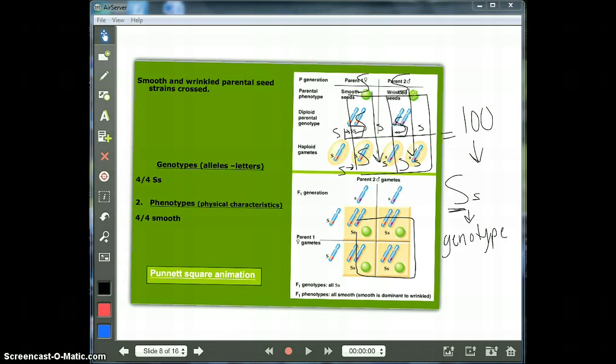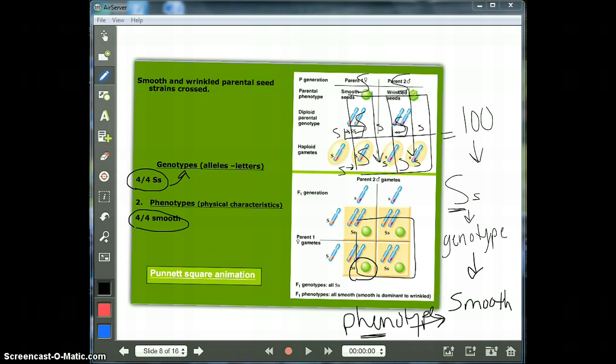Notice that the big S is referring to the smooth seeds. So all of them, if the genotype has a big S, should be smooth. And that smooth is represented as its phenotype. What does it physically look like? So the genotypes are big S, little s, and 4 out of 4 are smooth.